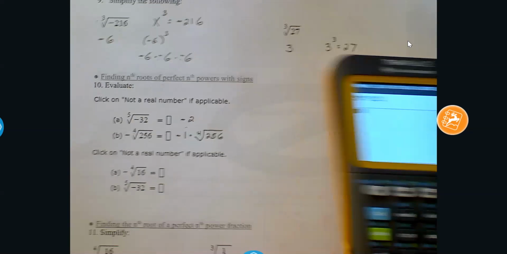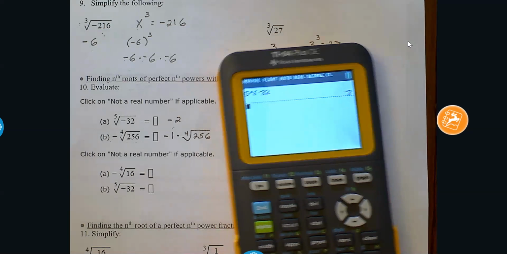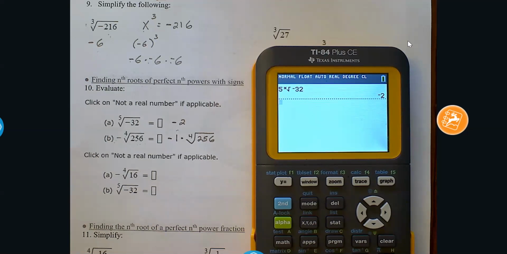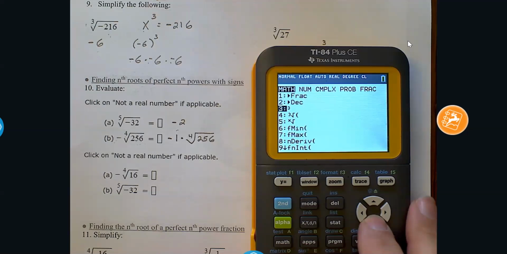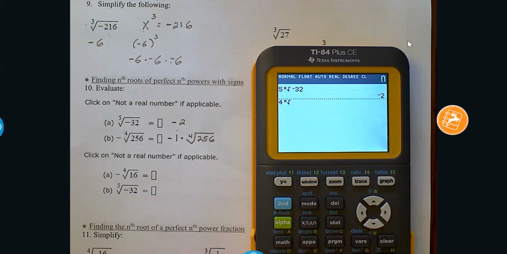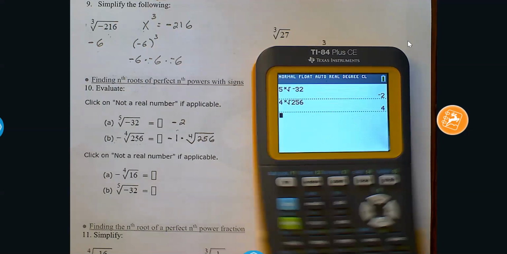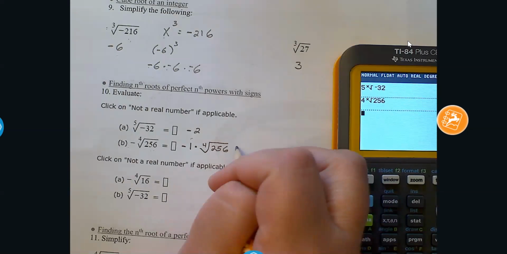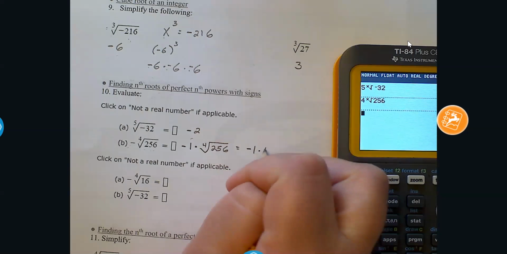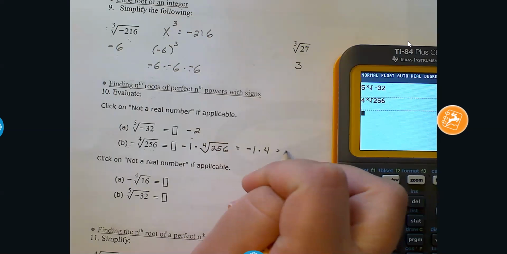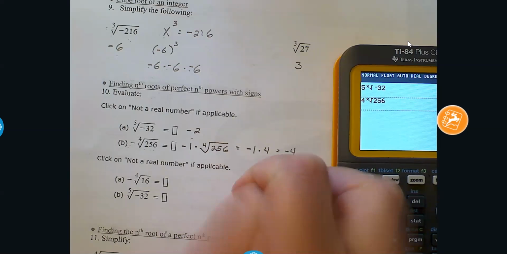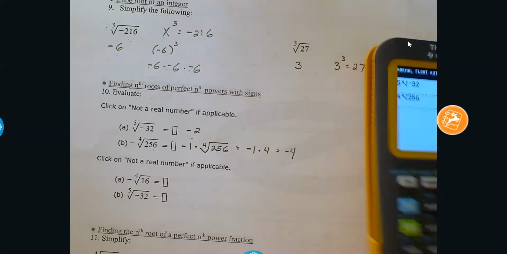Okay, so the fourth root of 256, we could hit 4 for the fourth root, and then we have to go to math, and then option number 5. So we have the fourth root of 256 is 4. So this would become -1 times 4, which is -4. Okay.